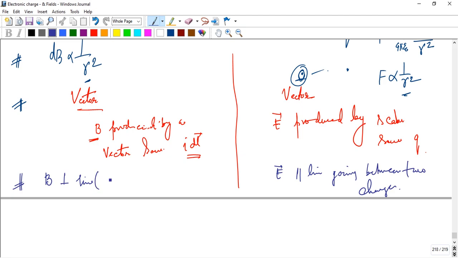There's a current passing through the line, or where current passes through the where.